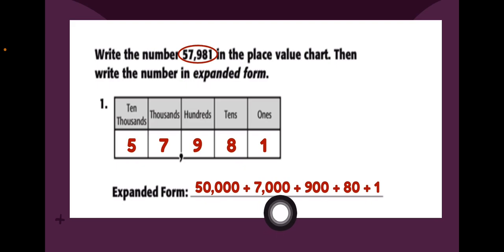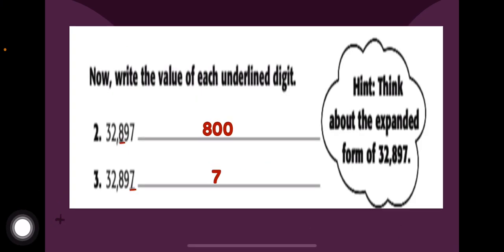Then 9 in hundreds, it will be 900 with 2 zeros. Then in tens, this will be 80, with 1 zero. And then ones, 1, only 1, with no zero.